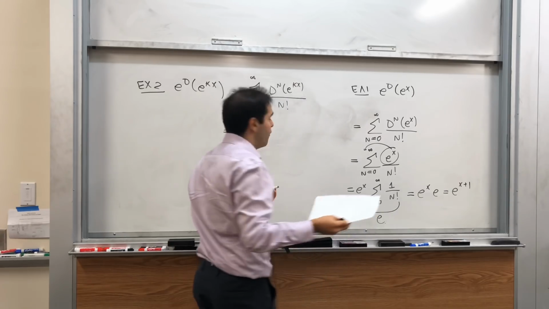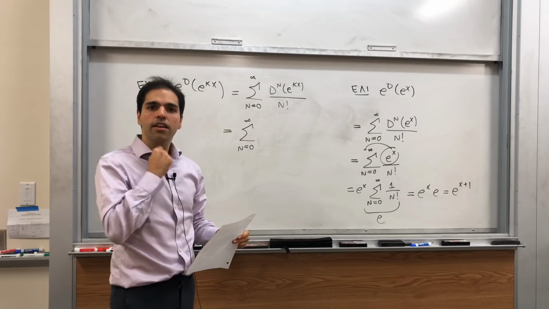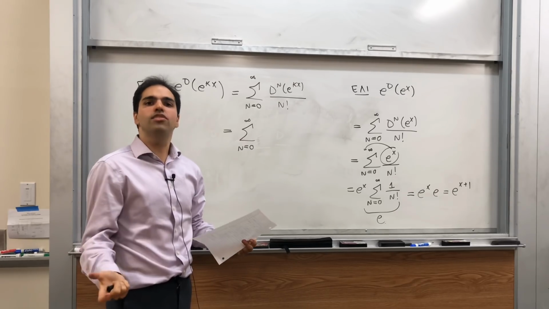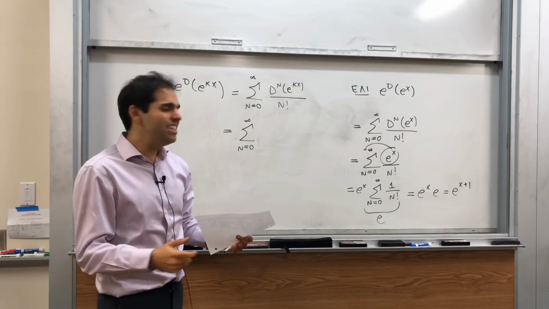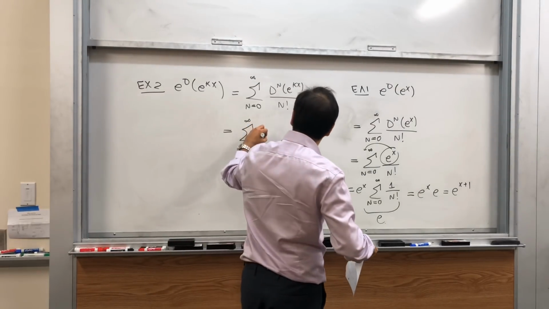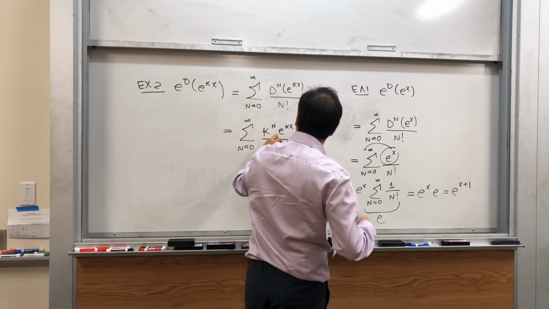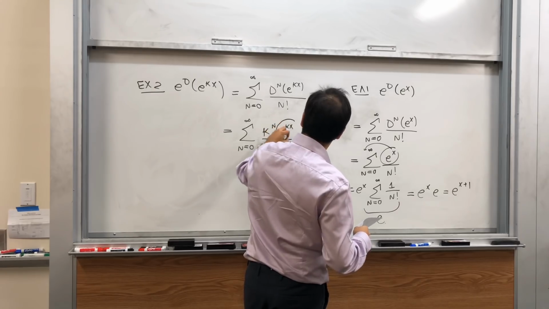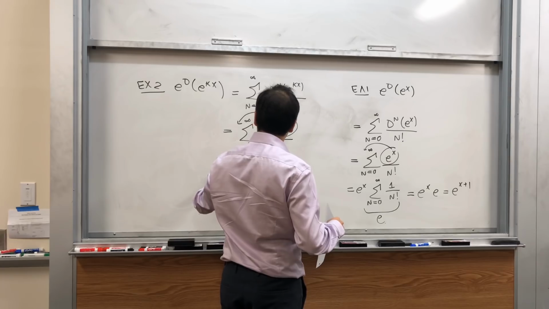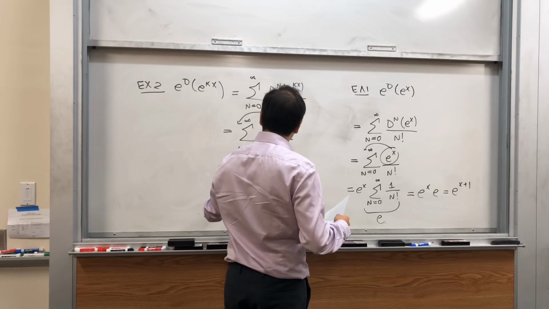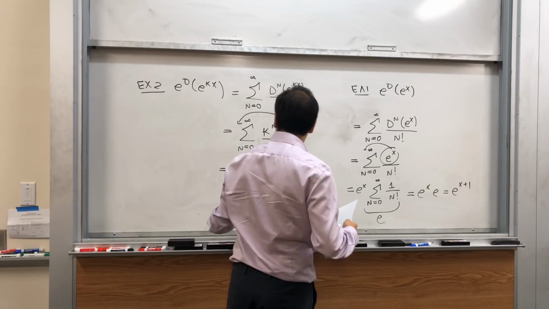And here's the thing, if you differentiate e to the kx, you get k e to the kx. If you do it twice, you get k squared e to the kx. 3 times, k cubed e to the kx. And in general, k to the n e to the kx over n factorial. And again, this doesn't depend on n, so it comes out. So e to the kx, sum from 0 to infinity, k to the n over n factorial.